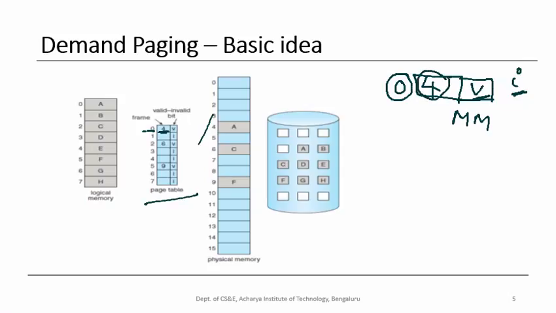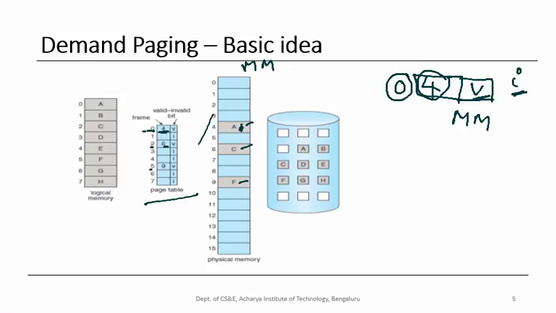Now if you see here, some of the pages A, C and F are present in the main memory, and their entries are there in the page table. Let's say page 0 is A, which is present in frame 4, page 2, which is nothing but C, is present in frame 6, and page 5 is F, which is present in frame 9.